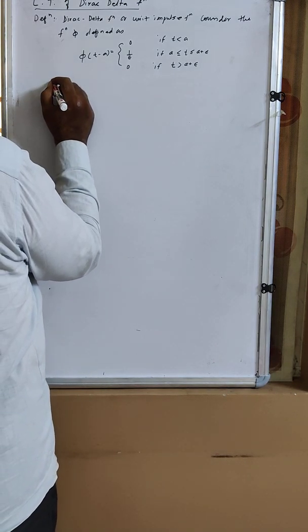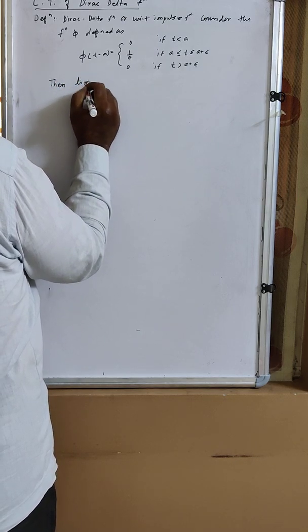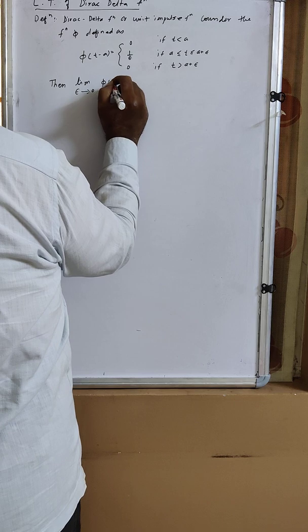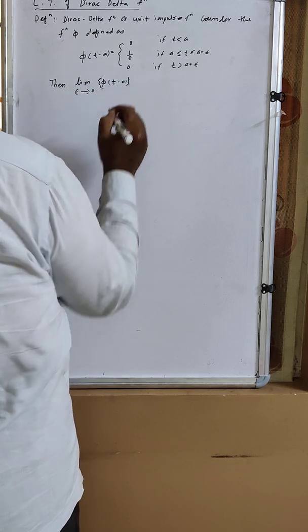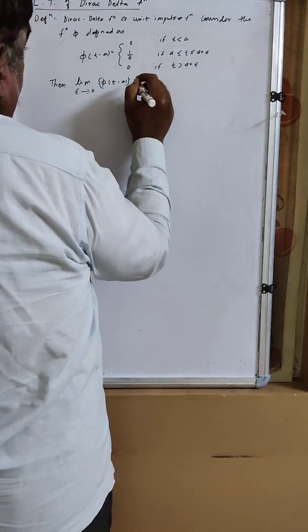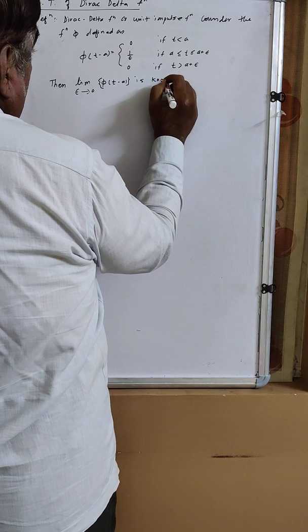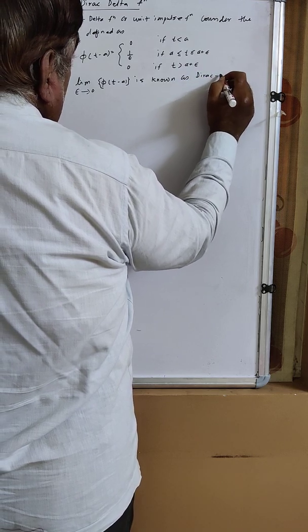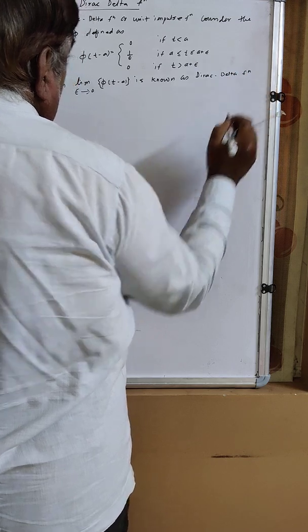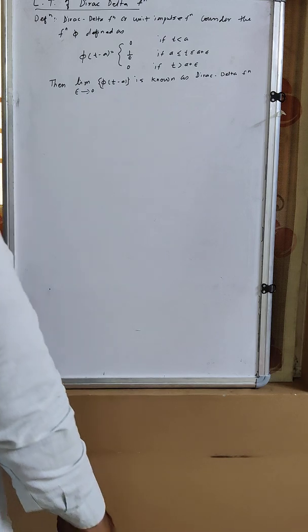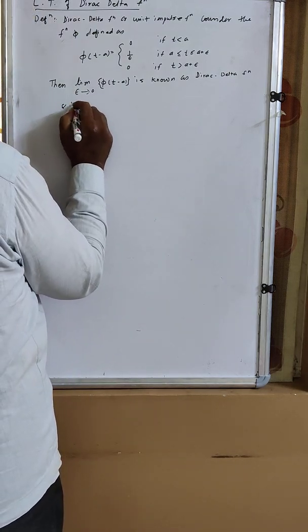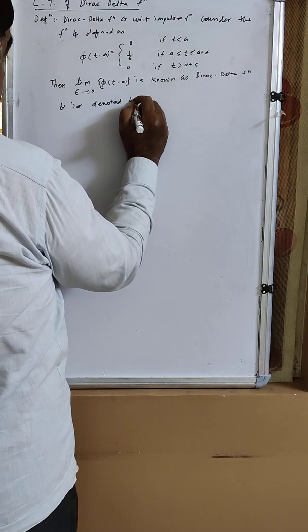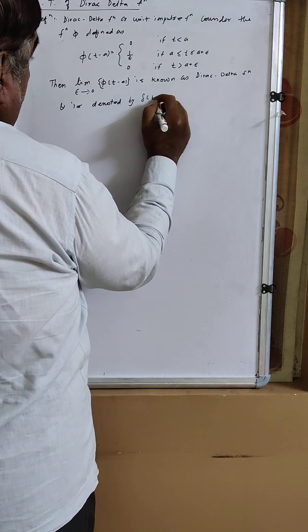Then the limit as epsilon tends to 0 of phi of t minus a is known as the Dirac delta function and is denoted by delta t minus a.